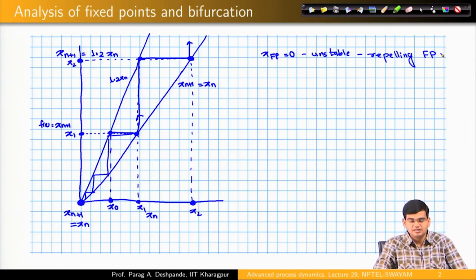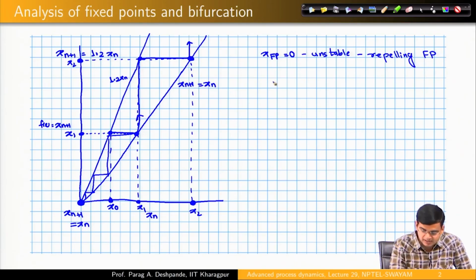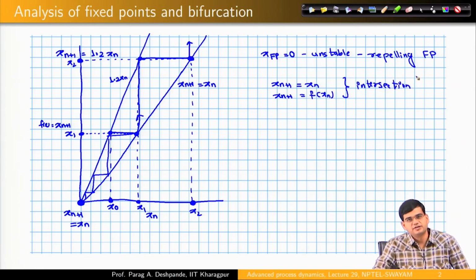So, what do I understand? How do I look into these two cases and conclude whether the system has a fixed point or not? Very simple. I will draw x of n plus 1 is equal to x n, and I will draw x of n plus 1 is equal to f of x n, and the intersection would be the fixed point.